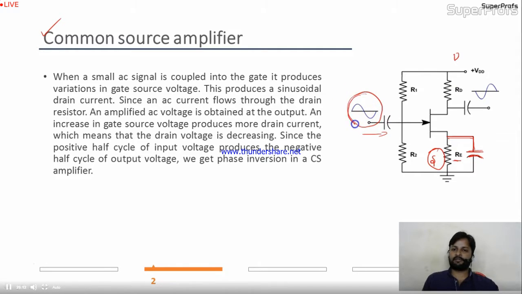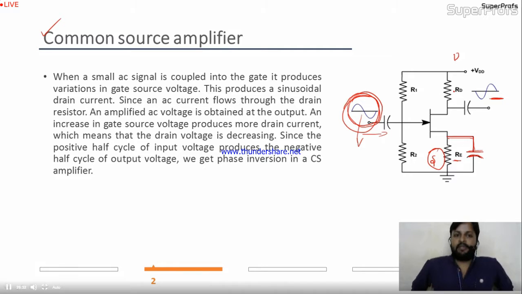So if you observe, this is the gate waveform. The gate waveform is appearing on the drain output. Okay, so this is the amplification. Whatever you are giving, the same thing you are getting in terms of waveform. It may be amplified or whatever, but it should not be distorted.